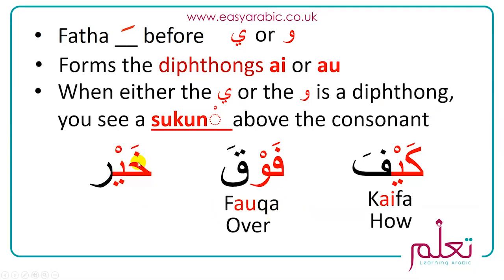Next, we'll look at the kha and the ya. That creates the ai again: khair, which is "good". So just remember that if the letter before the ya or the waw has a fatha on it, and the ya or waw has a sukoon, then it's a diphthong. Okay, so kayfa, fawqa, khair.